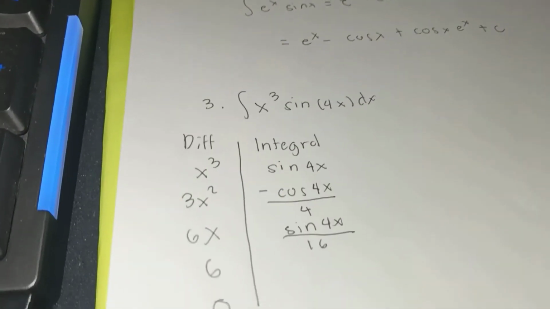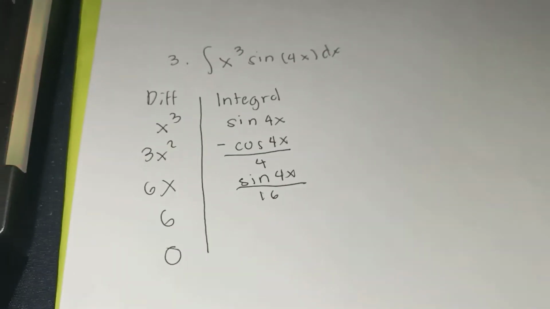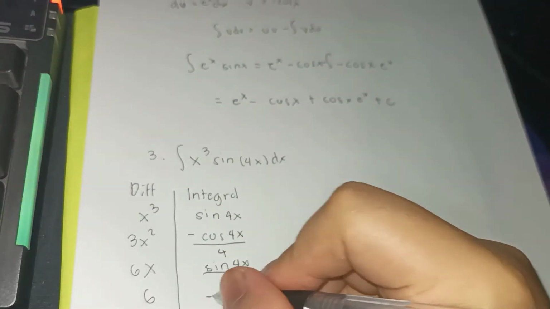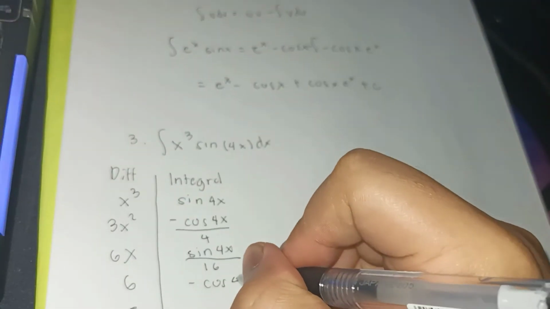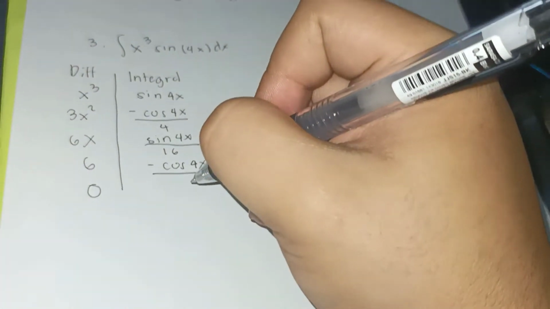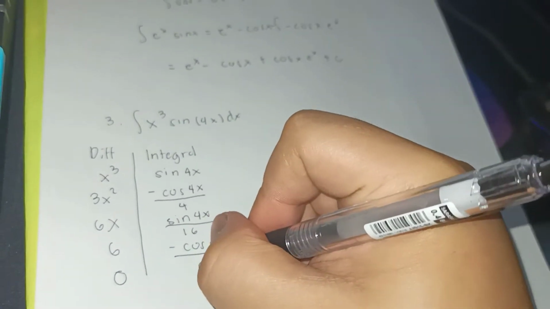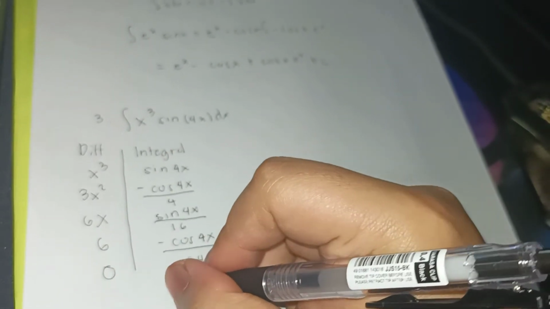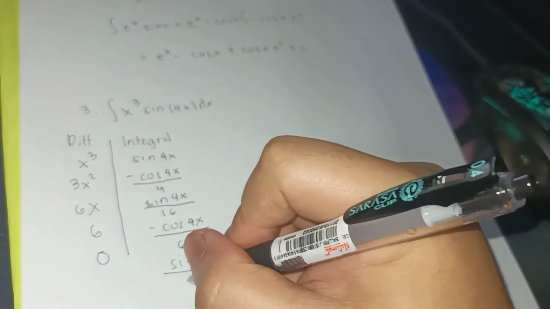After that we have negative cosine 4x, 4 times 16, which is 64, and then sine 4x, 4 times 64, which is 256.